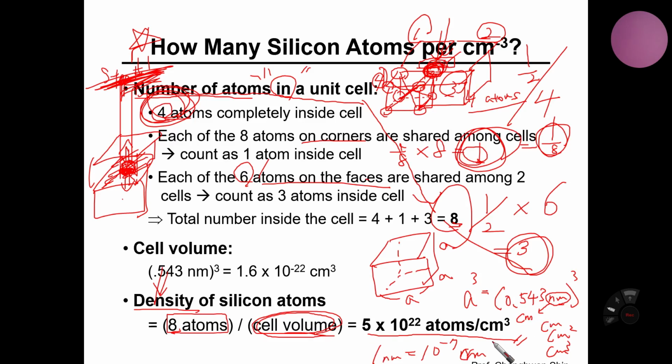So plugging in here, the volume a cubed indicates (0.543 times 10 to the minus 7 centimeter) cubed. Using your calculator, you can get this number: 5 times 10 to the 22 silicon atoms per cubic centimeter.